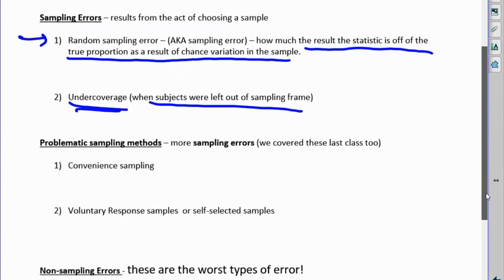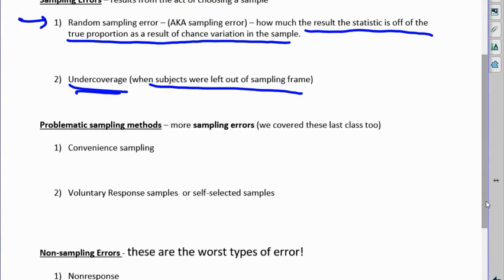The vaccine will only be valid for the sampling frame that was actually used. So we look for that.